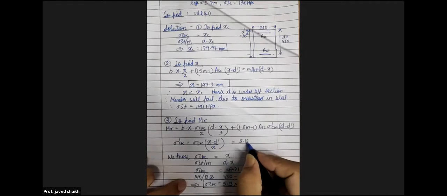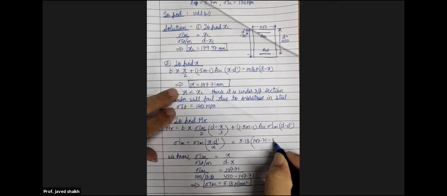So now give me the value of sigma dash CBC also. ठीक है, सिग्मा dash CBC इधर ही निकाल लेते हैं. सिग्मा CBC कितना है 5.13, x कितना है 147.71, d dash is 30 upon x is 147.71. तो ये कितना आया सिग्मा dash CBC 4.08.